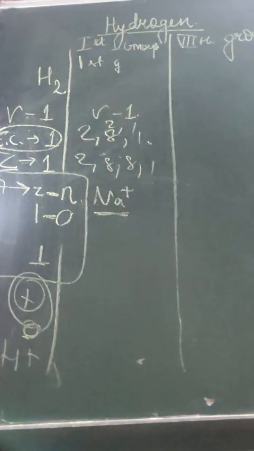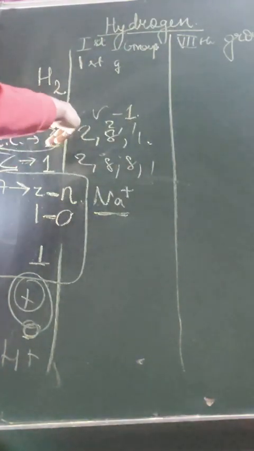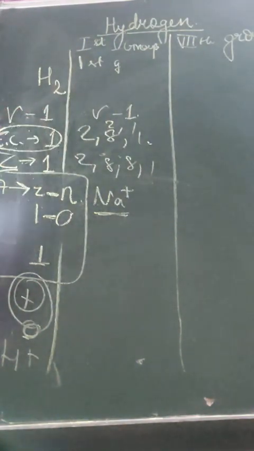These donate the electrons and acquire positive charge. Then we have the reducing power. Hydrogen has reducing power, and metals generally have reducing power.